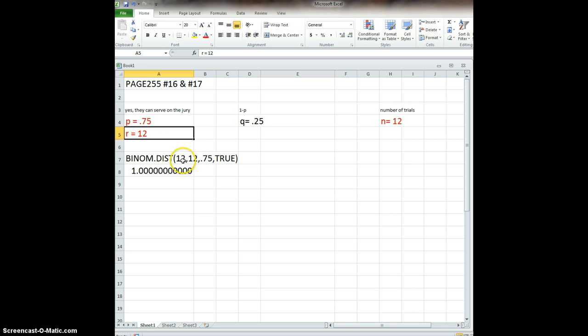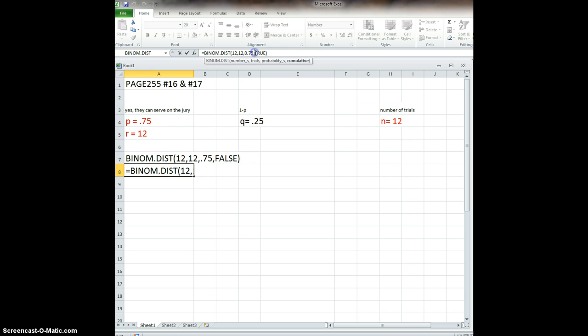So 12 successes out of 12 total trials. The third number is the probability of each success, is 0.75. And in this case, we should actually have false here. Anytime you want just one specific number, like in this case, we want exactly 12 successes, you want it false. So false when you want an exact number of successes.